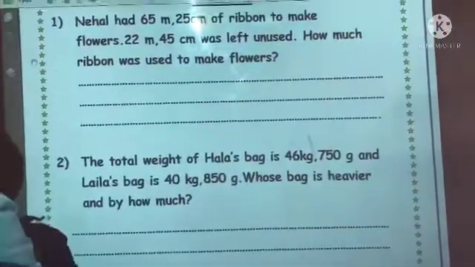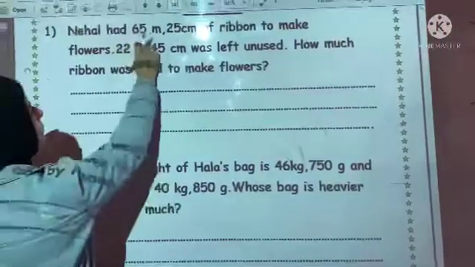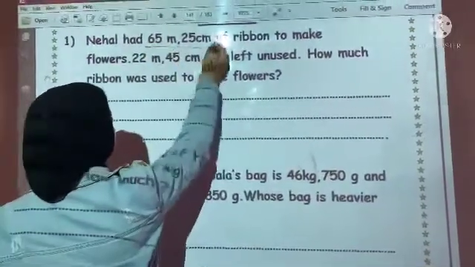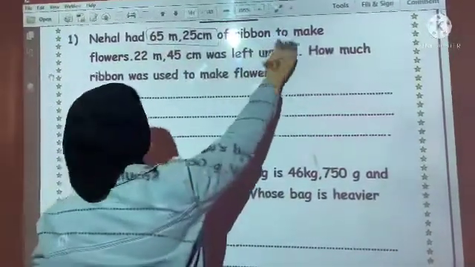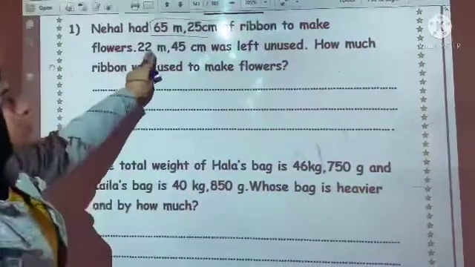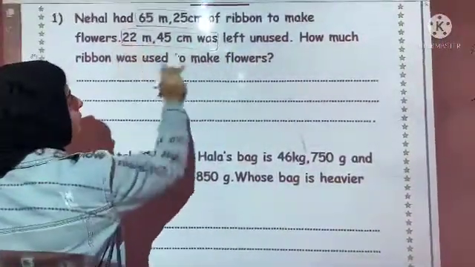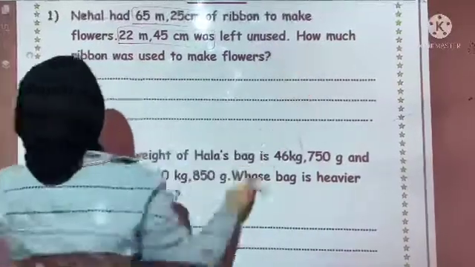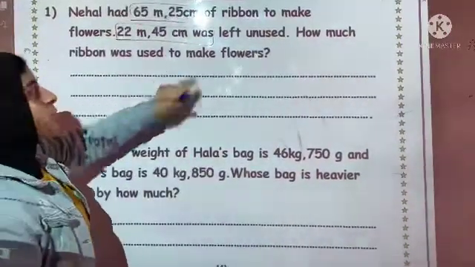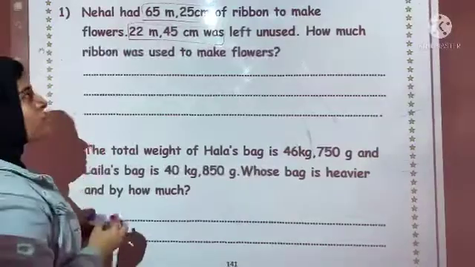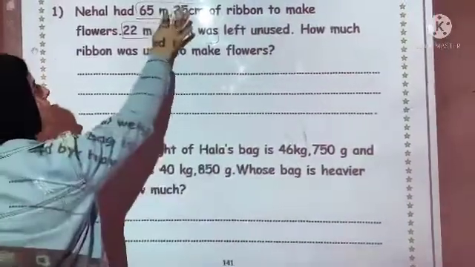Here, Nihal had 65 meter and 25 centimeter of ribbon to make flowers. 22 meter and 45 centimeter was left unused. How much ribbon was used to make flowers? So she has how many in total? 65 meter and 25 centimeter.